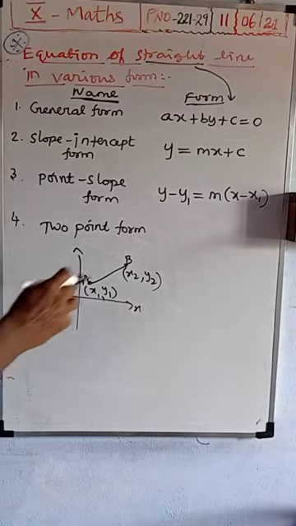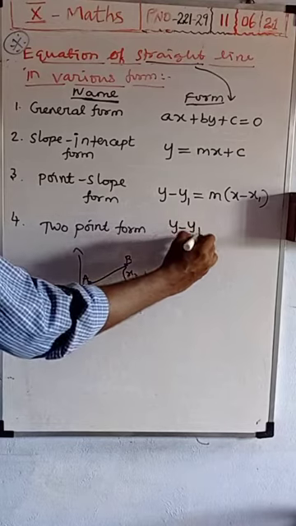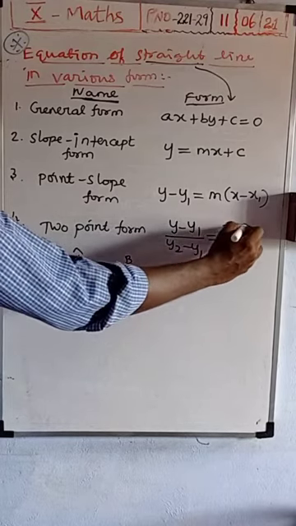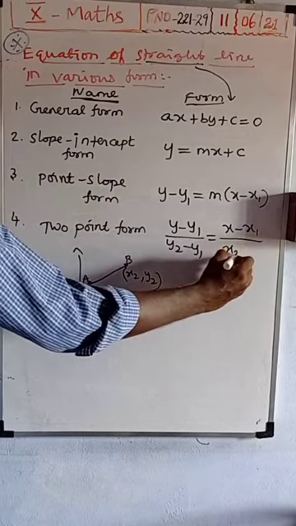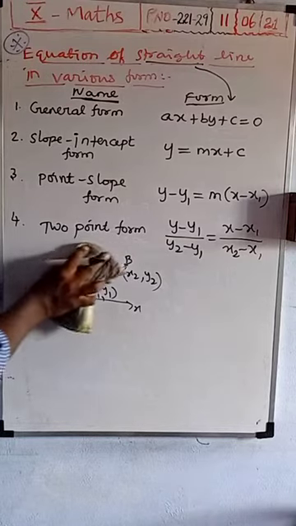To find this AB equation, the formula is y minus y1 by y2 minus y1 is equal to x minus x1 by x2 minus x1. This is the 2-point formula. This is 2-point form.